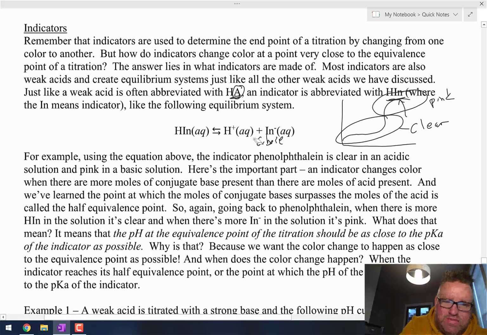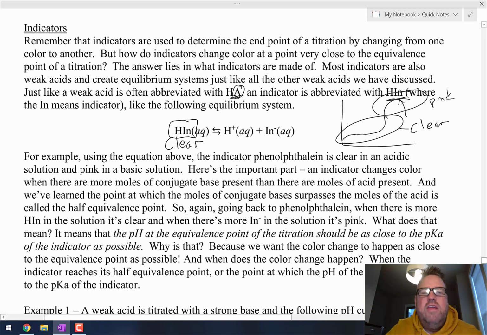Well, when it's in an acidic solution, it's clear. That means when you have more of the HIn version of phenolphthalein, it's clear. But as soon as you start to have more of the conjugate base form, it turns pink.